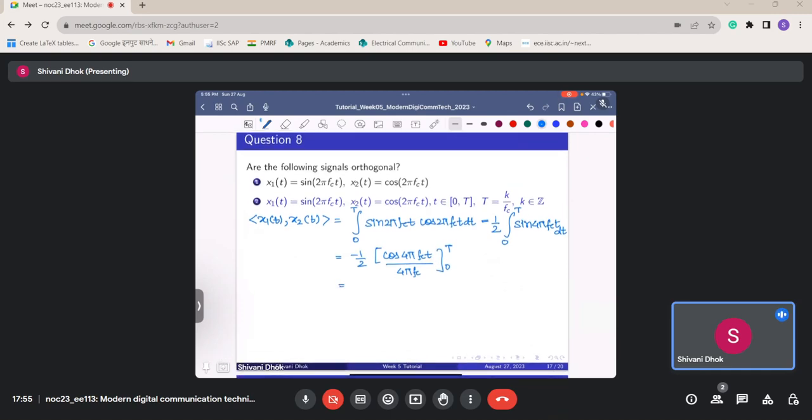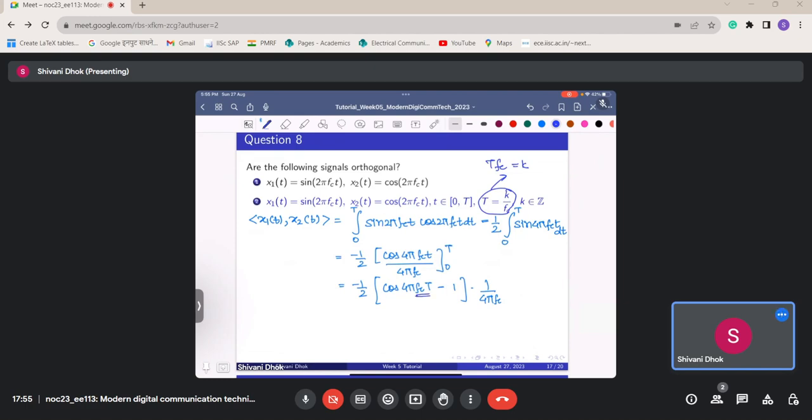and this comes out to be minus 1 by 2 times cos of 4 pi fc T minus cos of 0, which is 1, multiplied by 1 upon 4 pi fc. We have been given that this T is some integer multiple of 1 by fc, that is, T fc is K and this K is an integer.